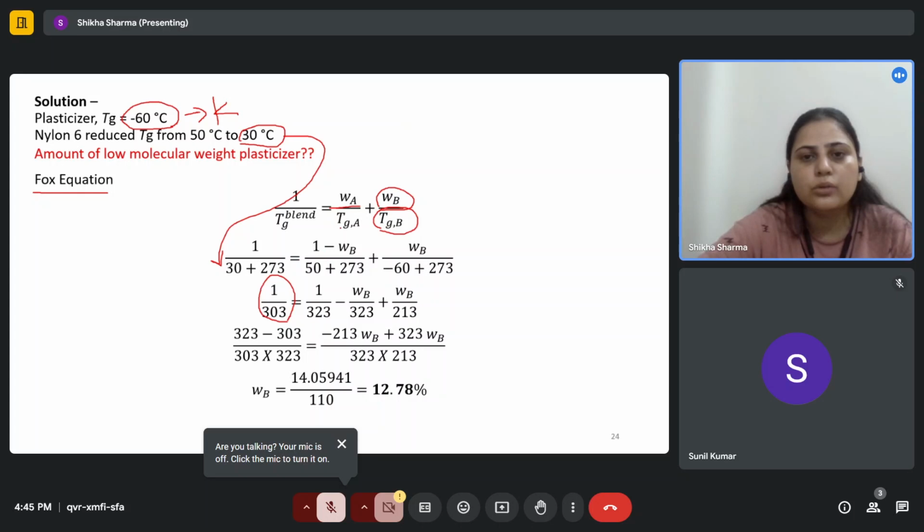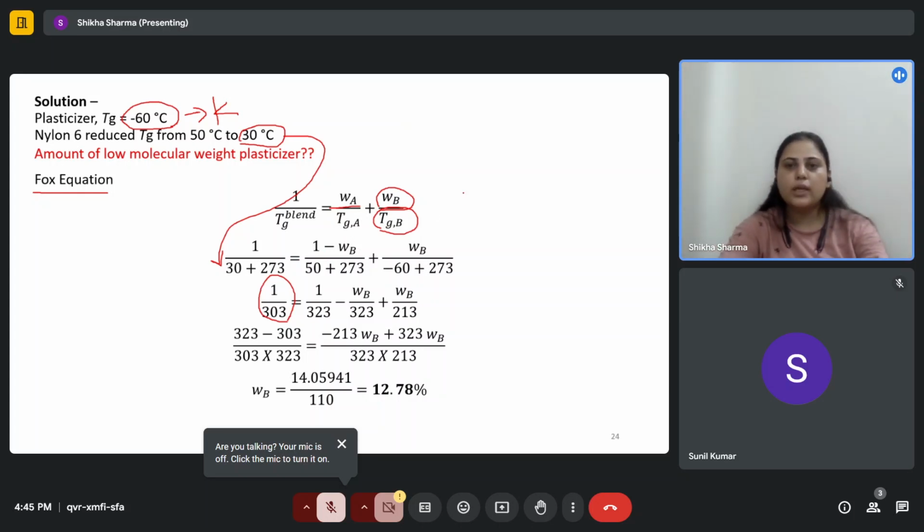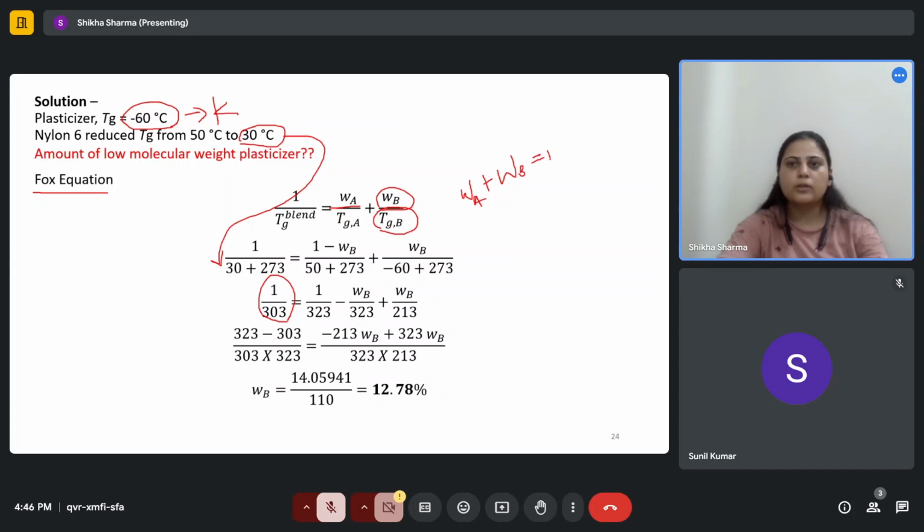Is equal to 1 minus WB, as we know that WA, the weight fraction of the component A, plus the weight fraction of the component B is equal to 1, right?